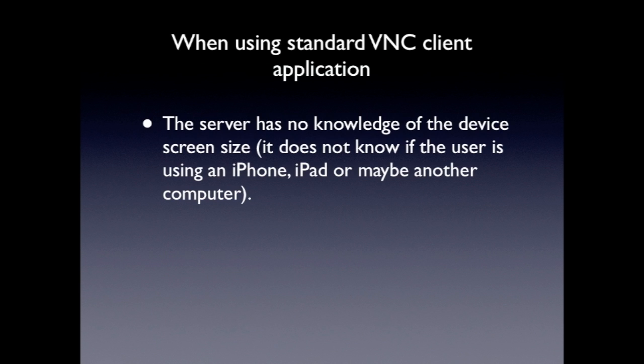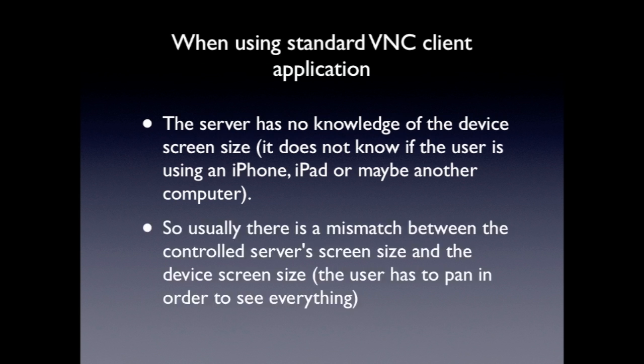The server has no knowledge of the device screen size. It does not know if the user is using an iPhone, iPad, or maybe another computer. So usually there is a mismatch between the controlled server screen size and the device screen size. The user has to pan in order to see everything, or some portions of the screen are not used.